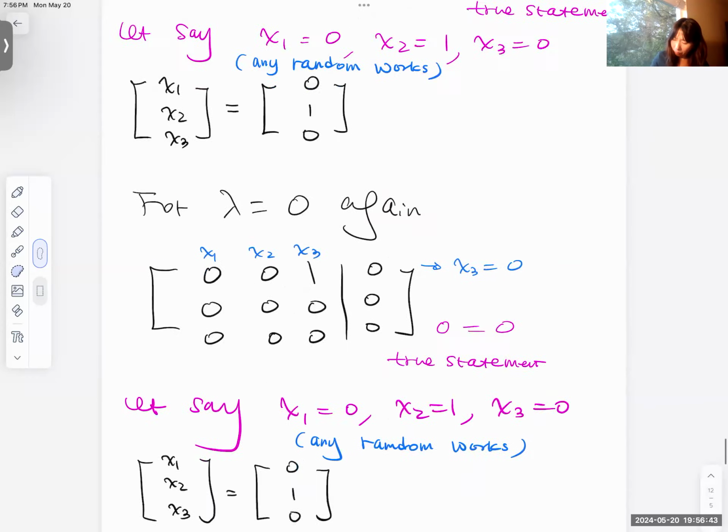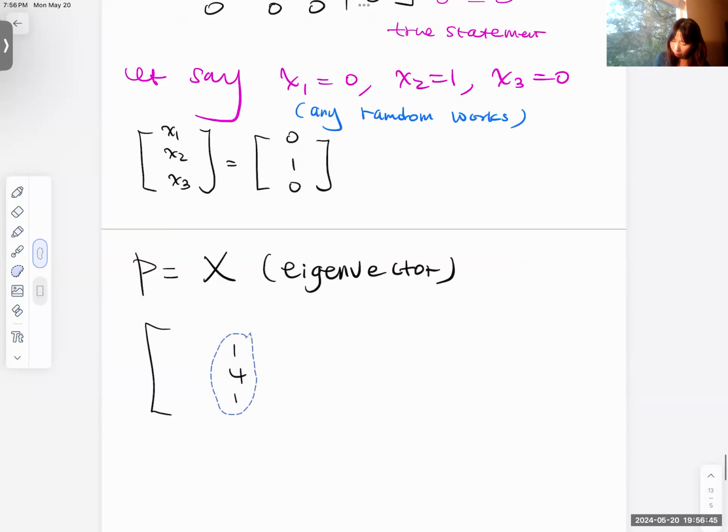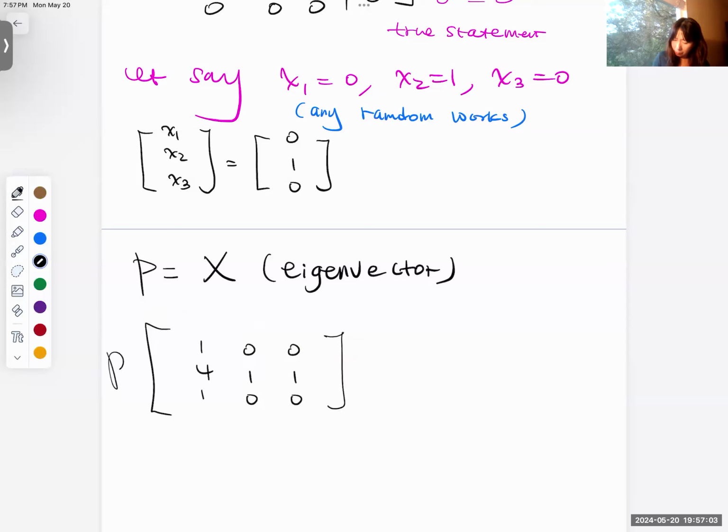Copy. Second one, we have this one. Copy. And the third one, copy. So this is P.